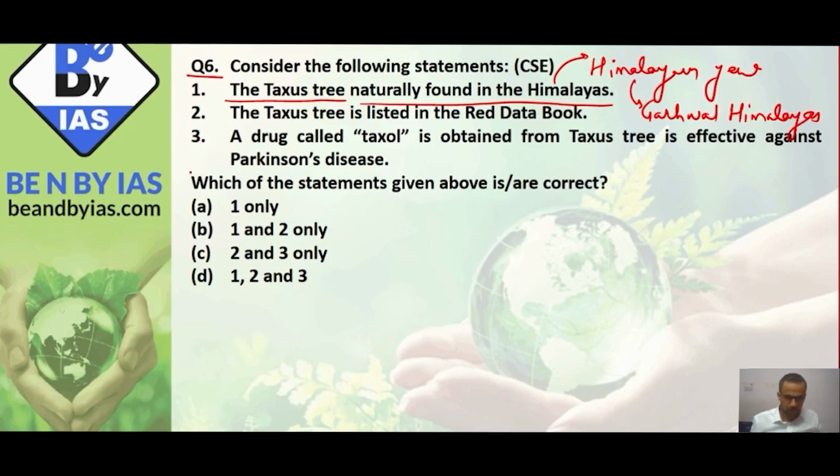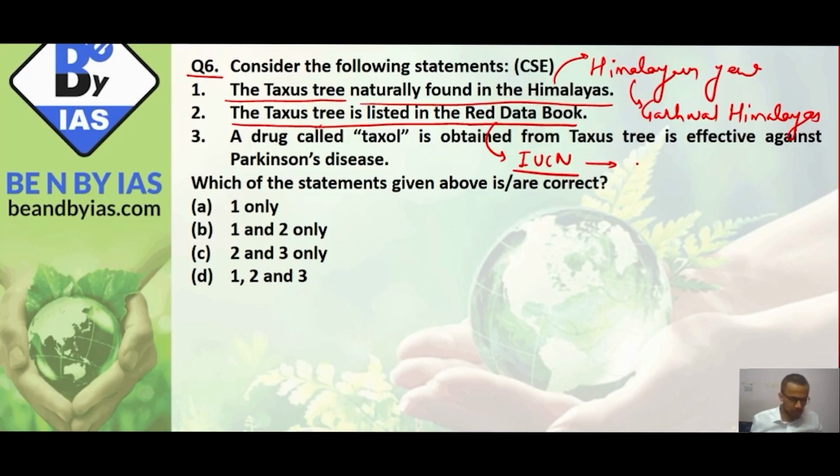Next, second statement: the Taxus tree is listed in the Red Data Book. So we know that the Red Data Book is given by IUCN, and it is a list of endangered species of plants and animals.